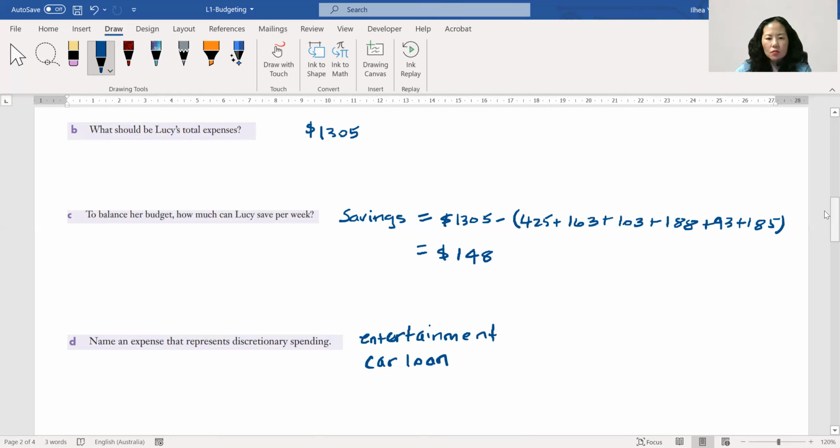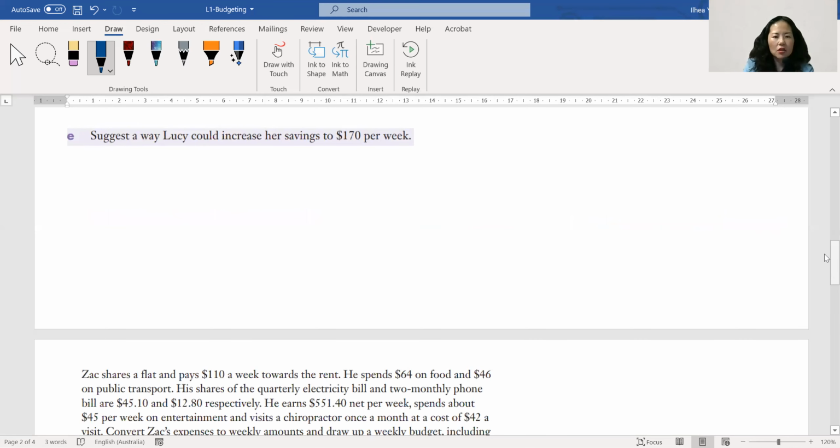And the last one, suggest a way Lucy could increase her savings to 170 per week.